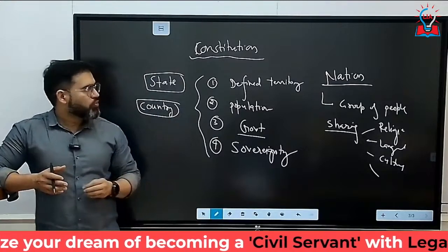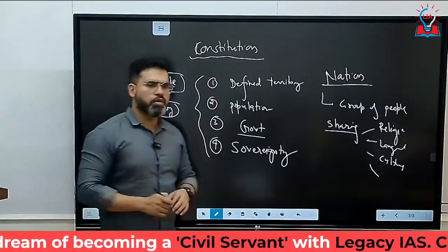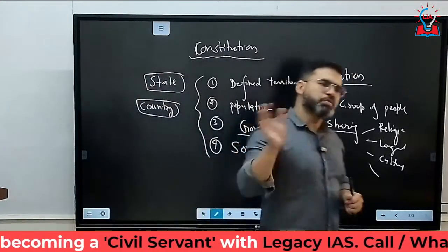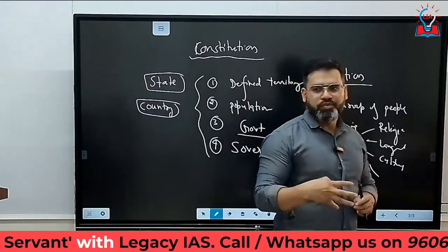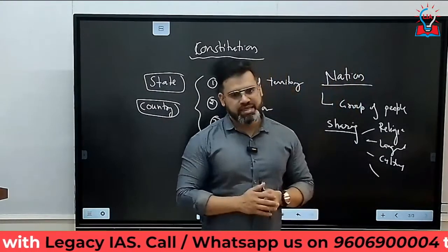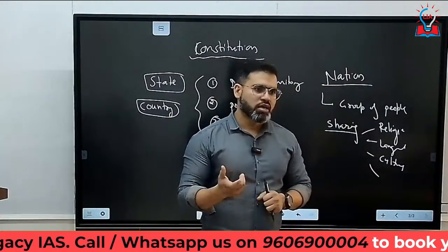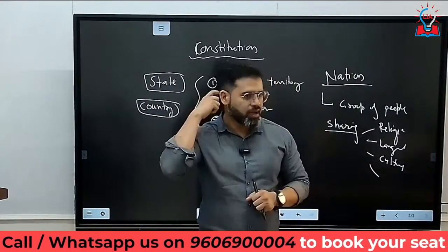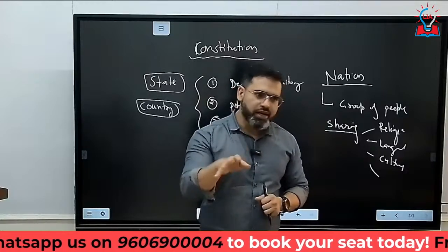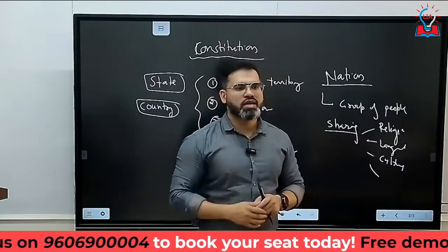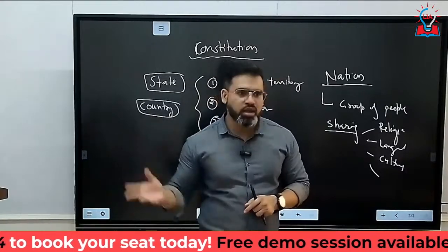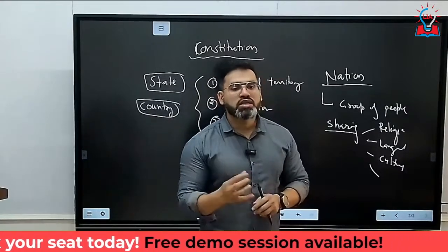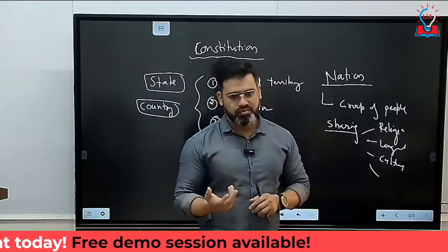So nation means the same group of people who may be living in various parts of the world. It is not that they are living in one territory only. For example, before 1946, the Jews, the people of Israel, were not living in that territory. Some were living in the USA, some in the UK, some in other parts of the European Union, some in India also, because they did not have their proper land.